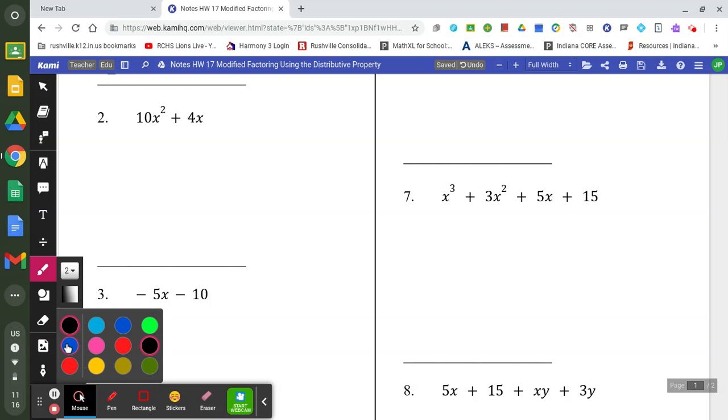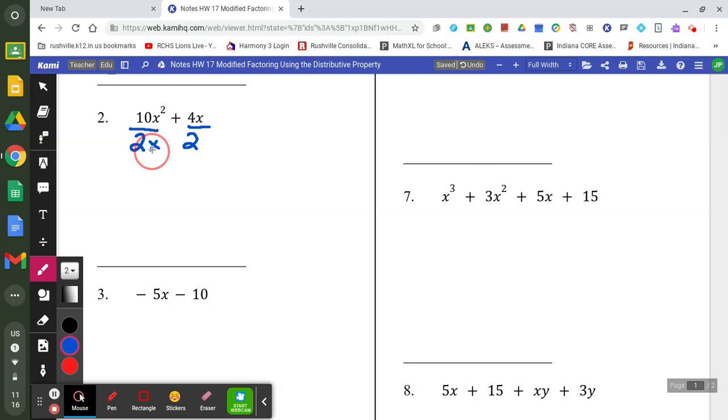So then moving on to number 2. This time my GCF is a number and a letter, because 10 will divide evenly by 2, and 4 will divide evenly by 2. But this has an x squared and this has an x, so an x will divide evenly also. So now my GCF is 2x, and I do dividing. 10 divided by 2 gives me 5. x squared divided by x.